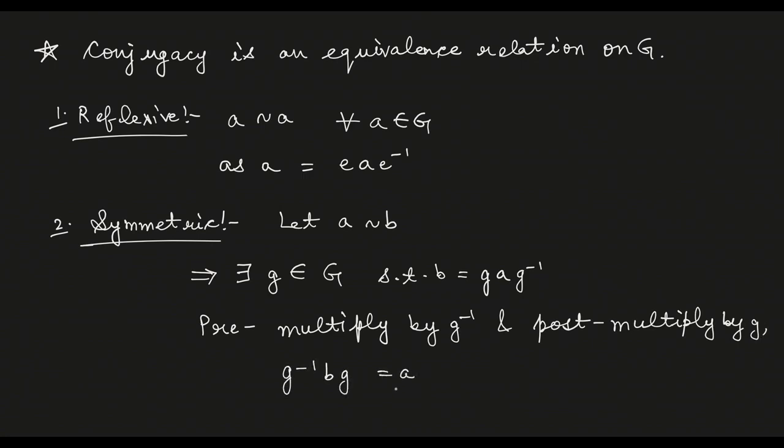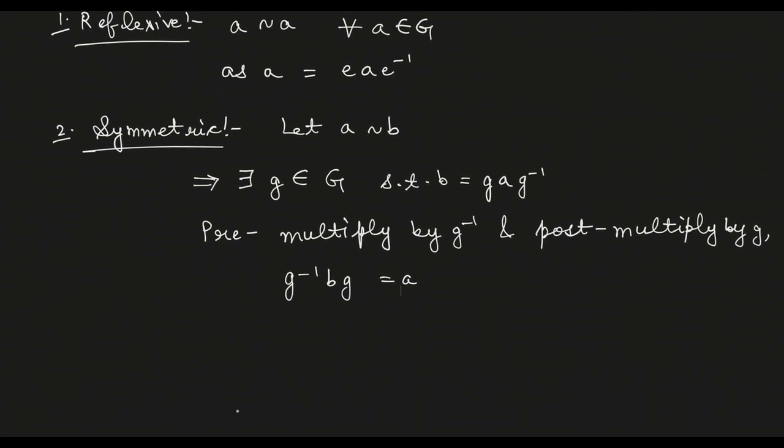This is equal to A. So A can be written as g inverse B (g inverse) inverse. So B is related to A.